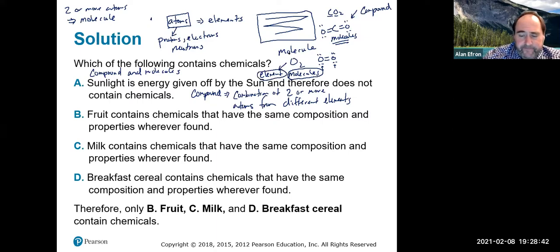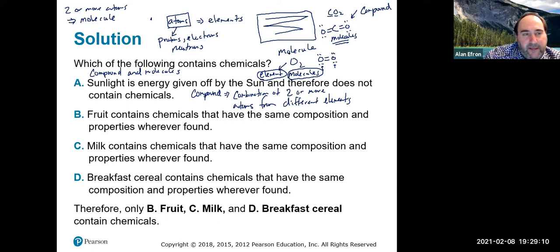So a molecule could be an element. A molecule could be a compound, but a compound can only be when you mix two or more different elements together. That's a subtle distinction, and I think we'll cover it again in some other chapters in a little more detail. But that's the difference between those two.